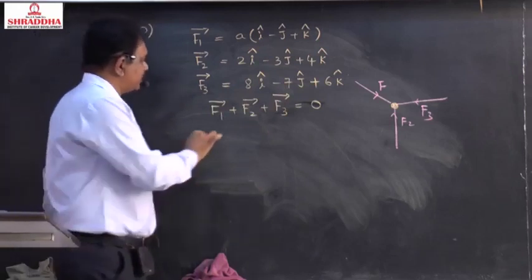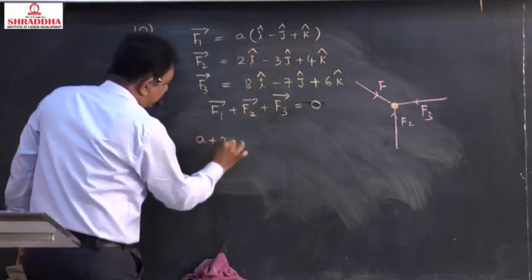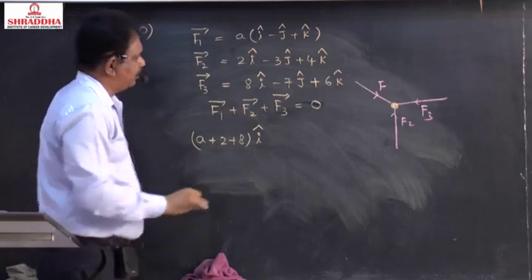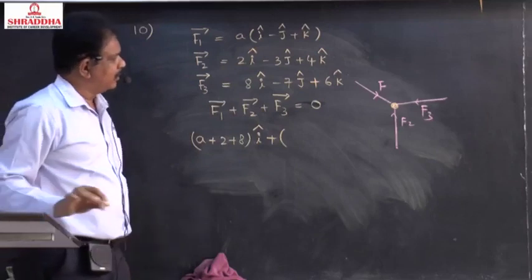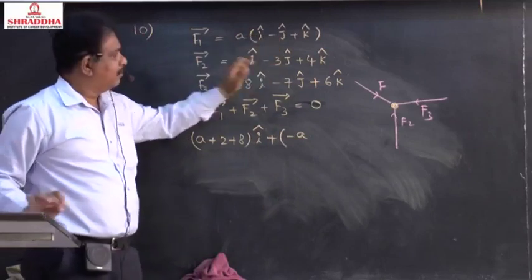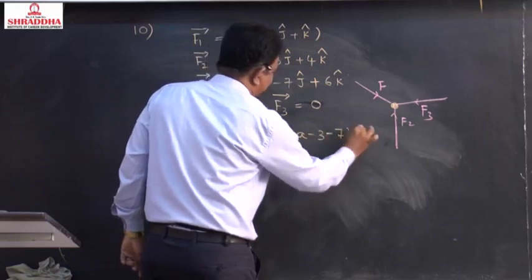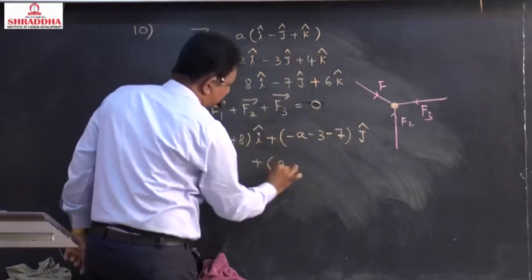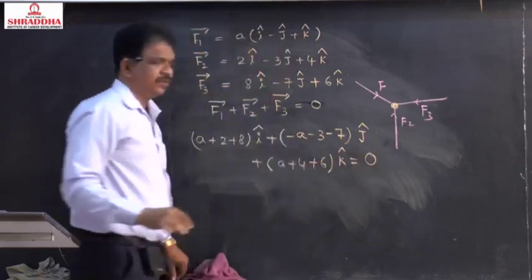Then F1 plus F2 plus F3 means A plus 2 plus 8 I cap, plus minus A minus 3 minus 7 J cap, plus 1 plus A plus 4 plus 6 K cap is equal to 0.